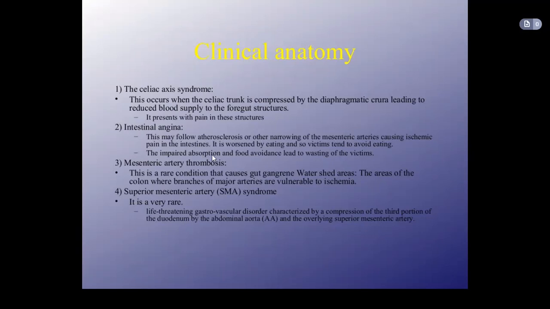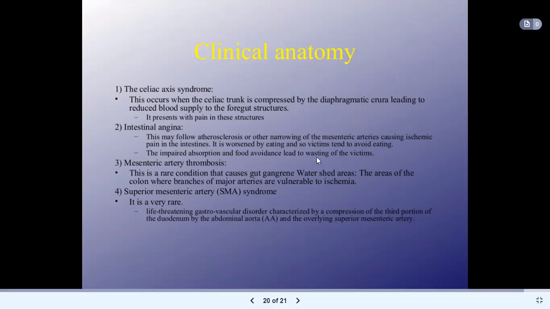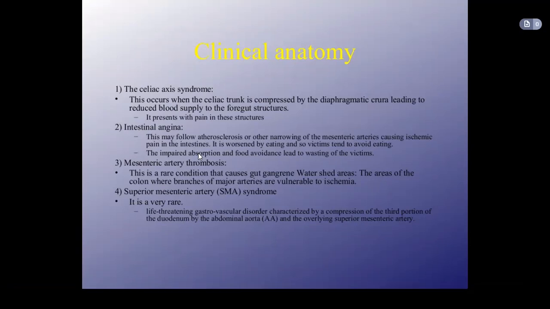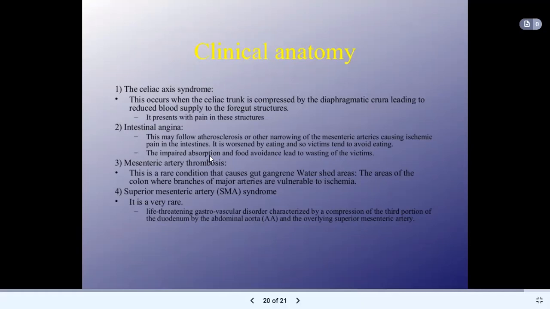So what happens? The patient becomes very slim, because the patient begins to lose a lot of weight. Why? Because all the food that you eat is digested, but it cannot be absorbed into the systemic circulation to be transported to all the tissues and organs that need these nutrients. So the person loses weight. That's what we call wasting, right?